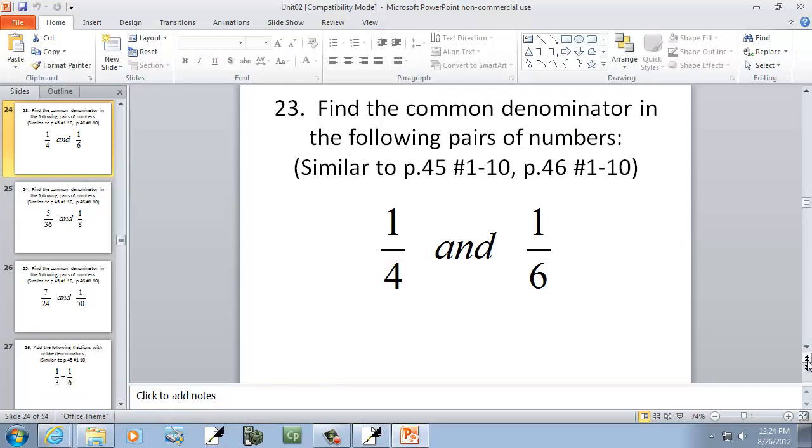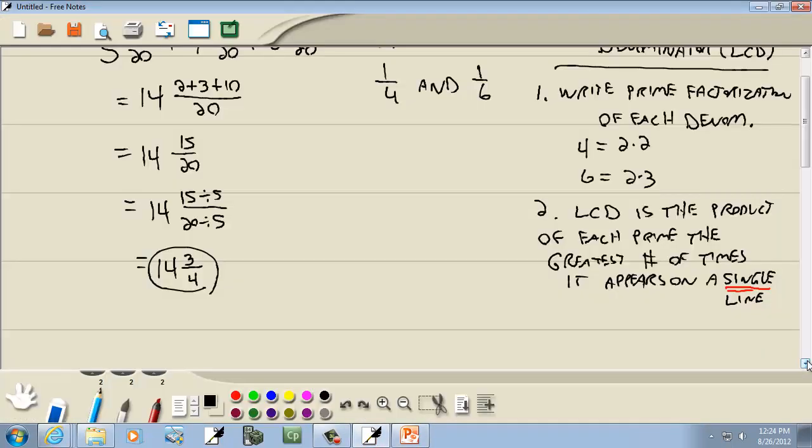Now this one's just asking us to find a common denominator. But let's start with this. Least common denominator. Greatest number of times it appears on a single line.